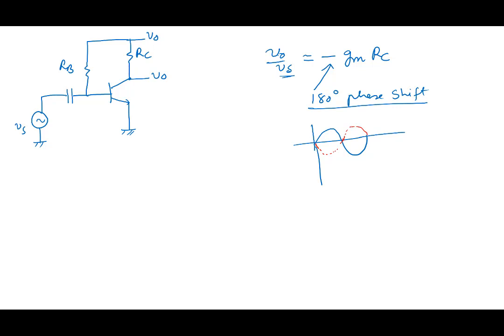Before we do that, let's do the following. Remember, RC was 2K, this was 430K, and let's take an example where we assume Vs is equal to, let's say, 10 millivolt sine omega t.